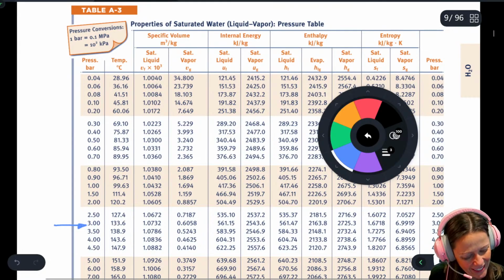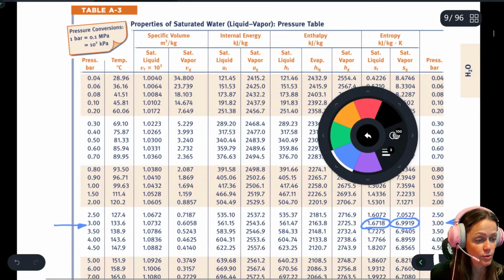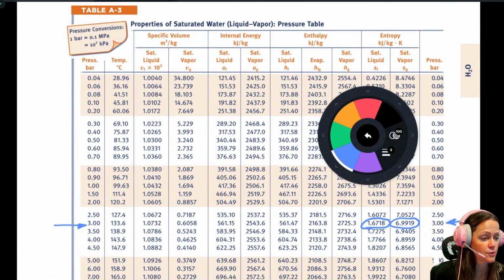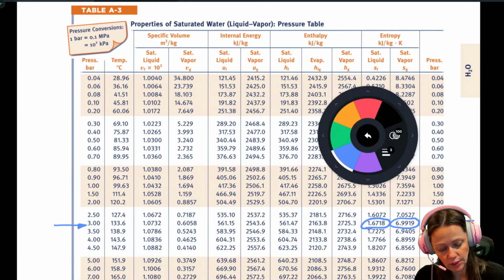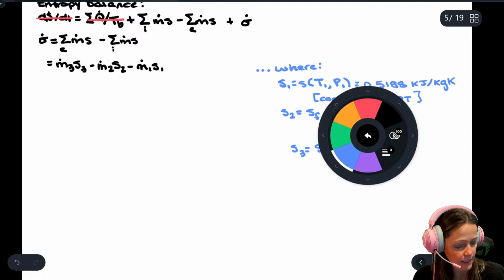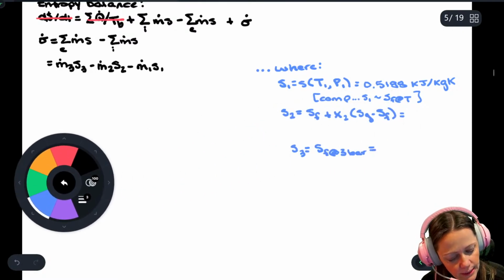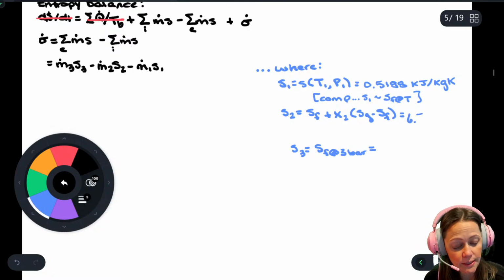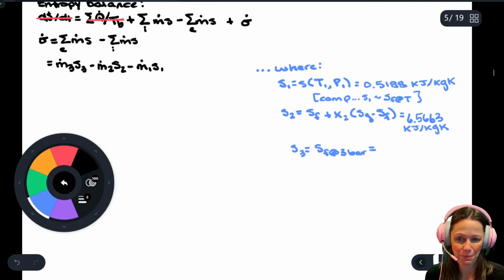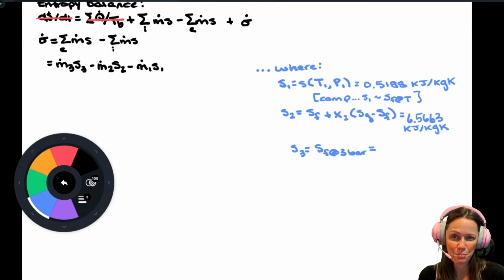I'm going to be making calculations based off of S sub F and S sub G, with a quality of 0.92. When I plug those in, hopefully what I end up getting is 6.5663 kilojoules per kilogram K. Perfect. Awesome. We picked up another person.